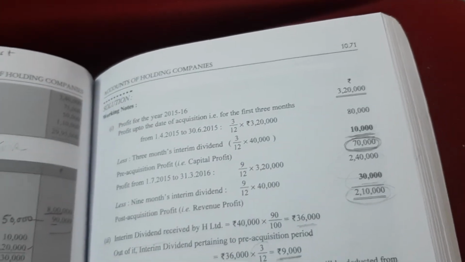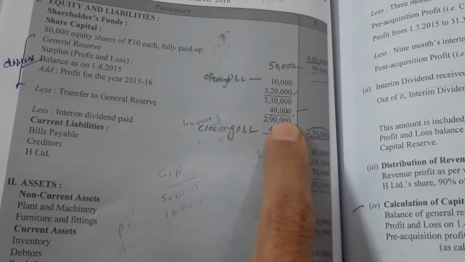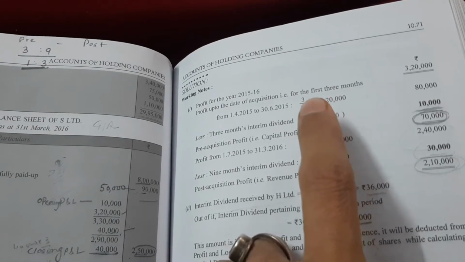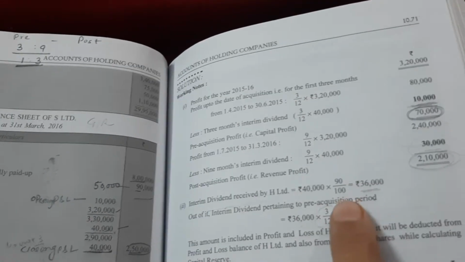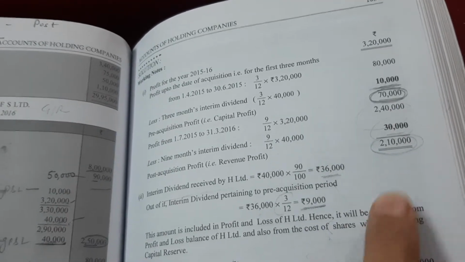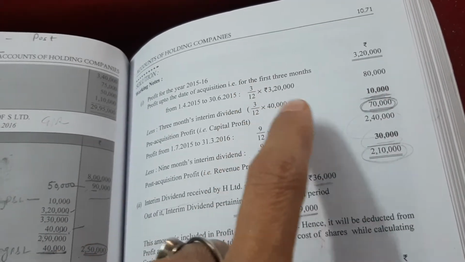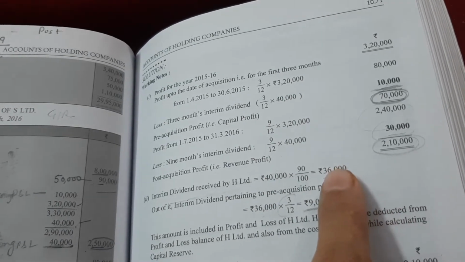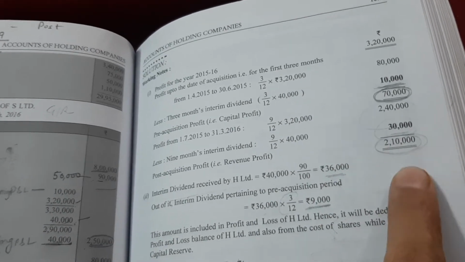Total interim dividend is rupees 40,000, out of which 3 months interim dividend relates to the pre-acquisition period and 9 months interim dividend relates to the post-acquisition period. So pre-acquisition dividend will be deducted from pre-acquisition profit and post-acquisition dividend will be deducted from post-acquisition profit.